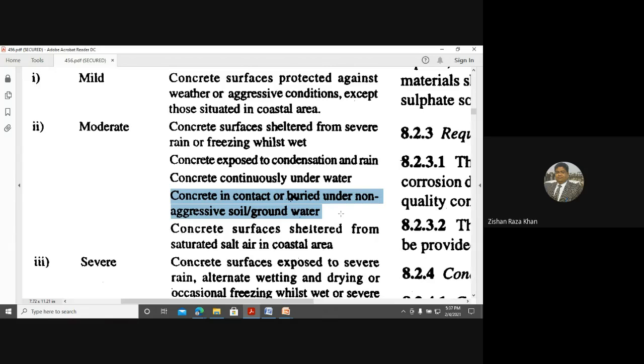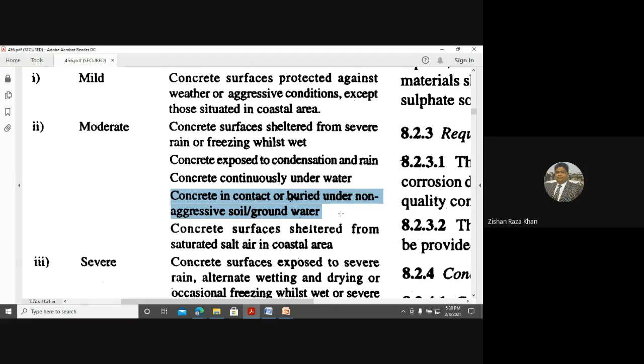So the part of the building which is exposed directly to the atmosphere, direct sunlight and direct rainfall, and the parts where concrete is in touch with soil, the foundation part up to the plinth, may be considered as moderate exposure condition.